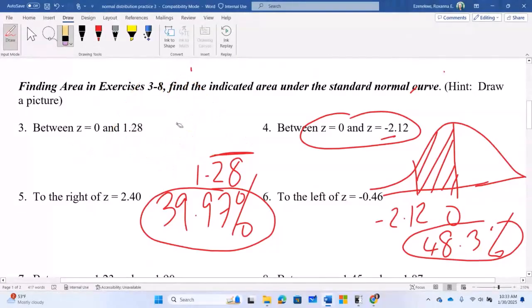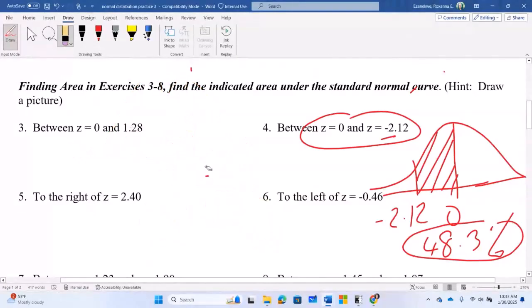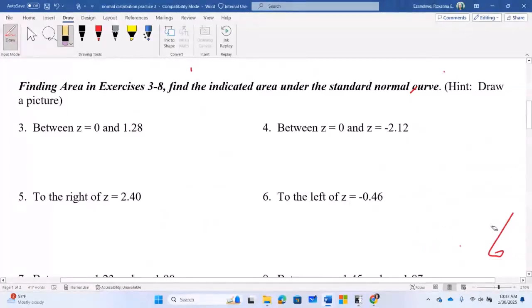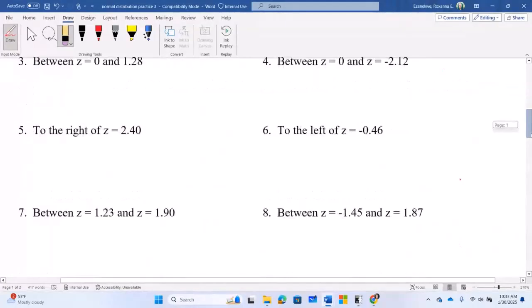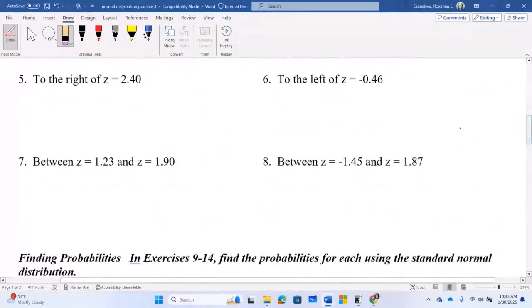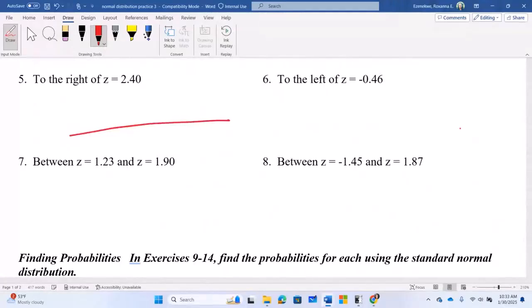Okay, so I'm doing number 5 and number 6.